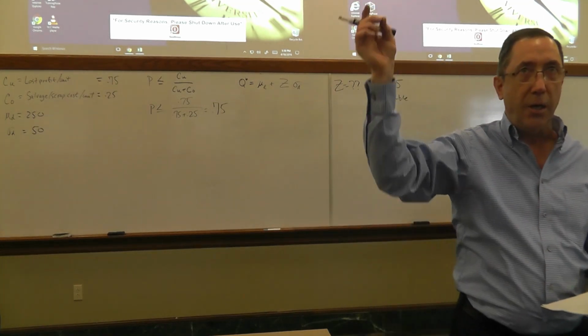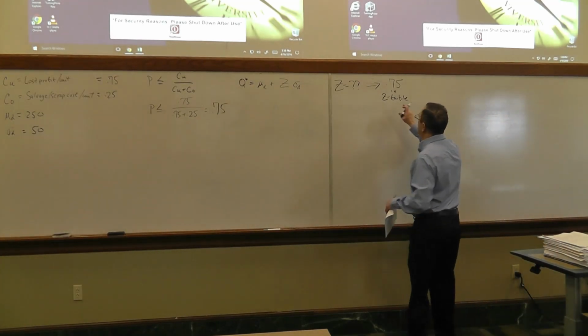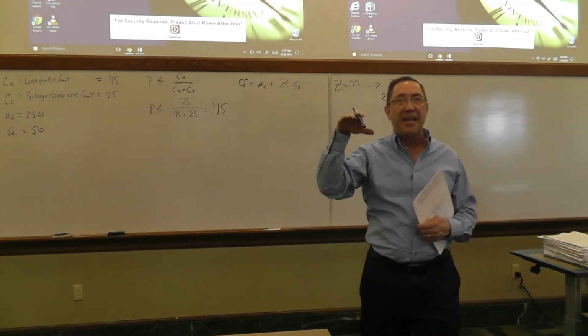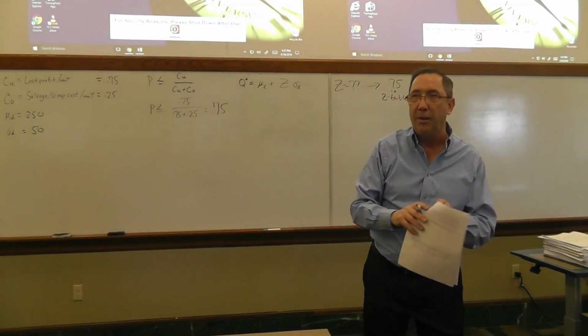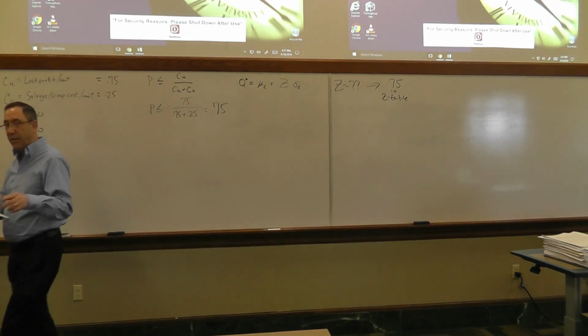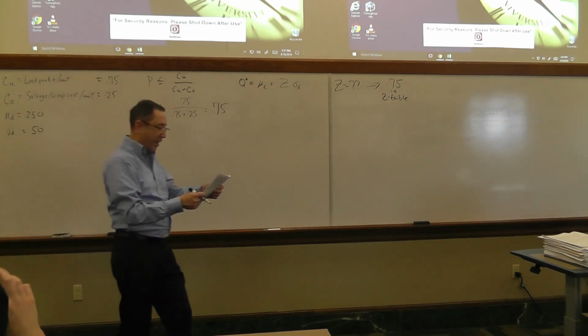So it's in the G of Z column. In this case, you want to find the closest one, the biggest probability that does not exceed 0.75. Again, if you give me the next one up, I won't really care. But the idea is we want to make sure that inequality holds.